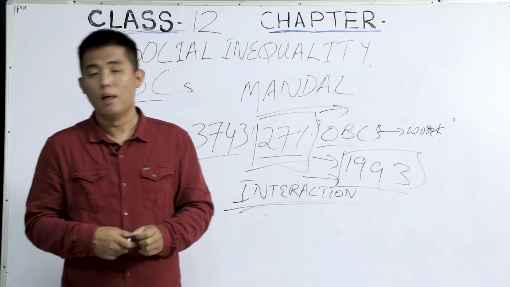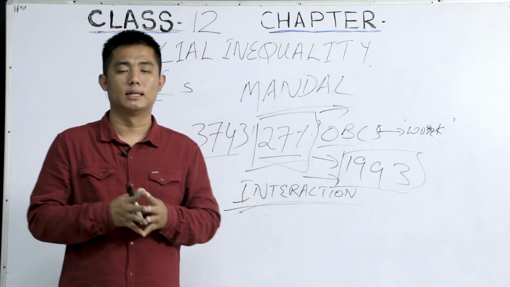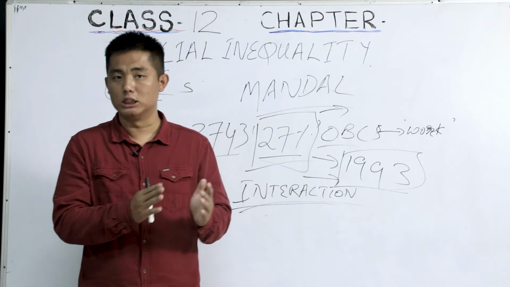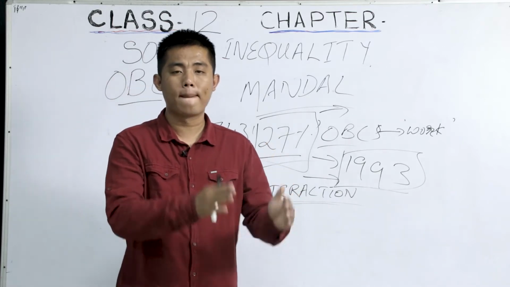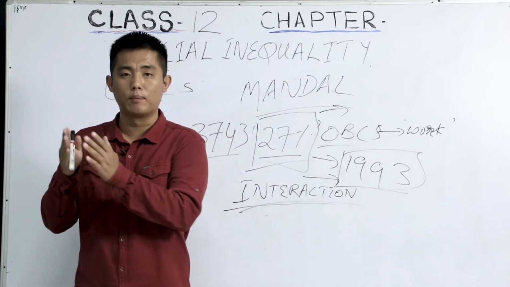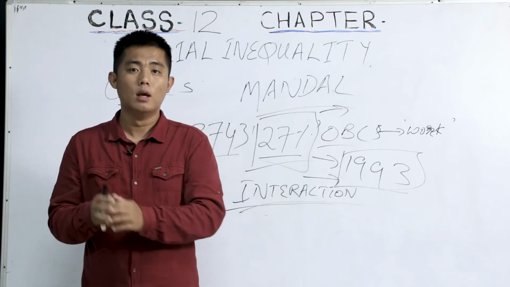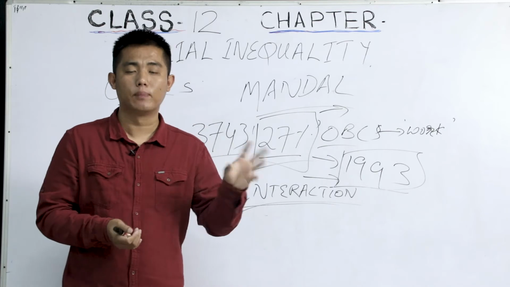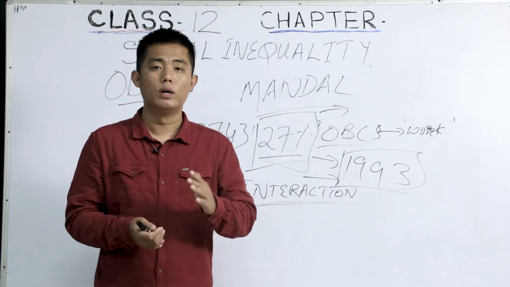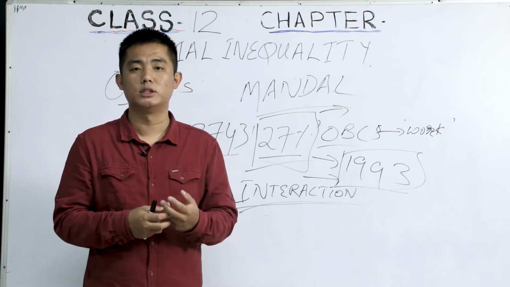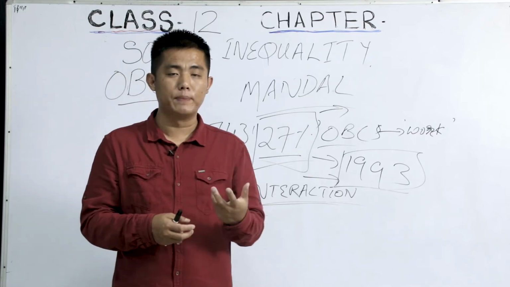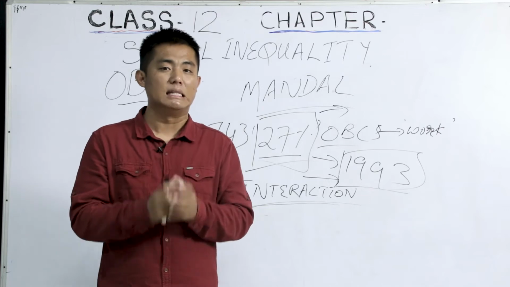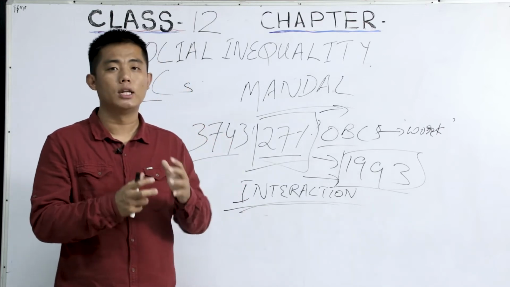The third point is dependency on higher castes. Like we have mentioned in the Mandal Commission, we have divided the population of OBCs into two, Annexure 1 and Annexure 2. Annexure 1 group of people were the deprived group of people. Annexure 2 were the people who had all the privileges. Annexure 2 group of people had all the privileges in the society, and that is the reason why they did not depend on the upper caste.